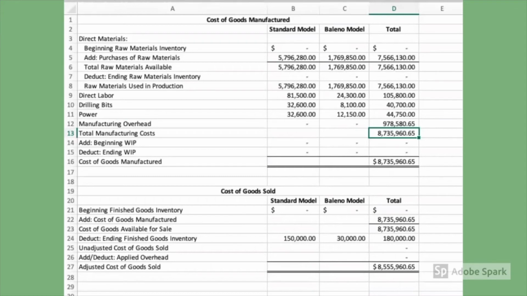During the period, we had 60 units of the standard model that we hadn't sold, and 10 units of the Bellino model. We multiply these by the selling price in order to get our deduction amount. This ended up being $180,000. So after we deduct that from our cost of goods available for sale, we get our total cost of goods sold, which ends up being $8,555,960.65.